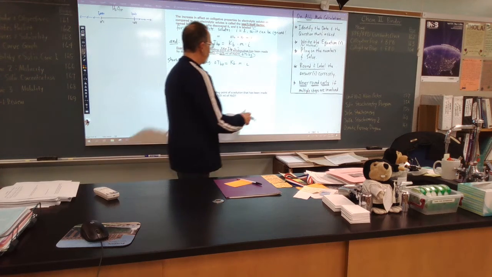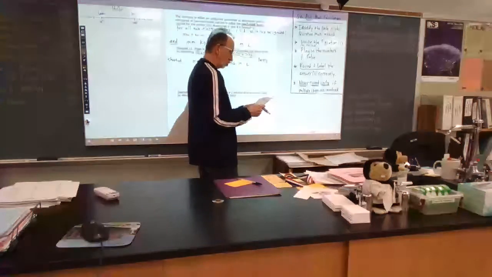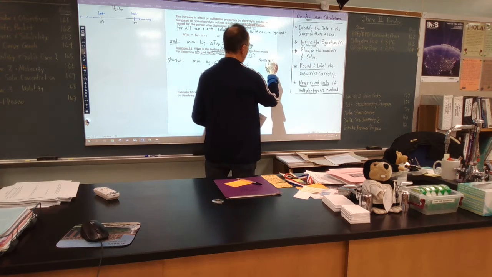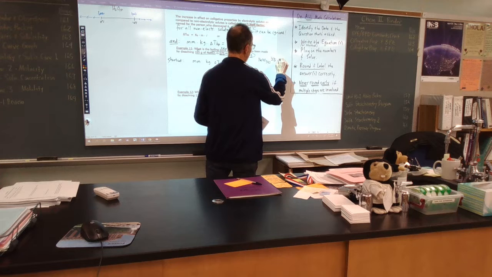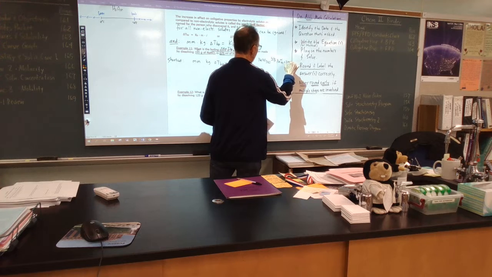Sodium nitrate is an ionic compound. It is going to split into ions when it is dissolved in water. And being sodium nitrate, it contains two ions. So when that solid is put into water, it's going to split into a sodium ion and a nitrate ion.